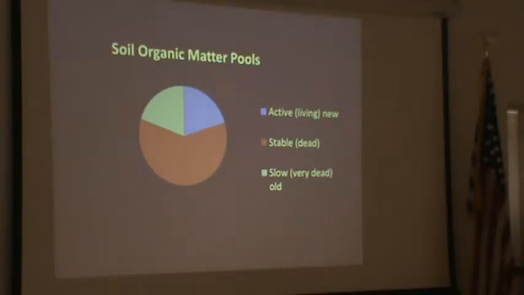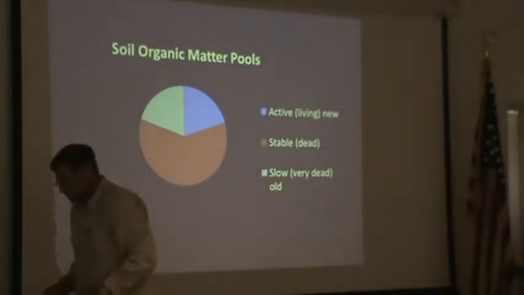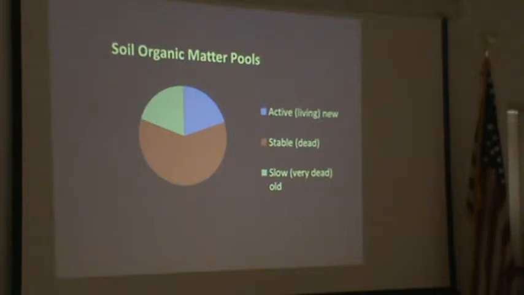And he divided his organic matter into the active and the passive pool, or in his paper he called it the new and the old. The new was the active, that 5% that Rafik was talking about earlier in his presentation. The old, or very dead, has been referred to as the other 95% that's out in the soil.